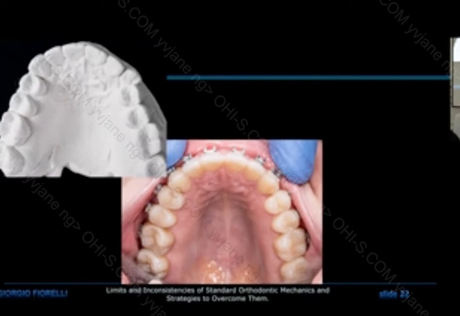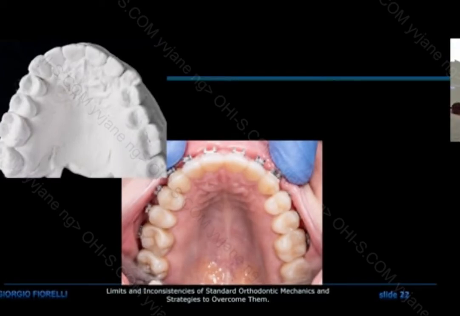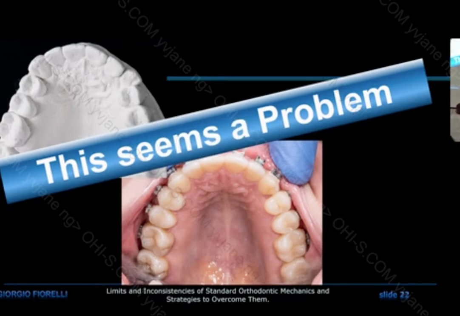But as we have seen on the other side, the uprighting of the canine creates an intrusive force. And once you apply an intrusive force, occlusion is not helping you anymore, and so it's not helping you also for the expansion control. So this seems a problem.